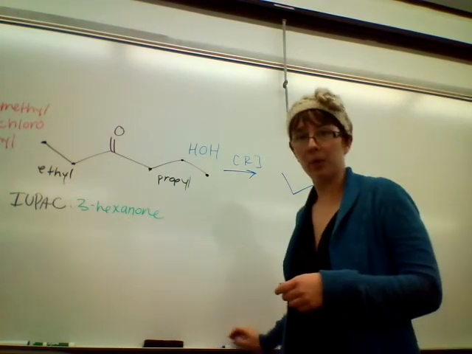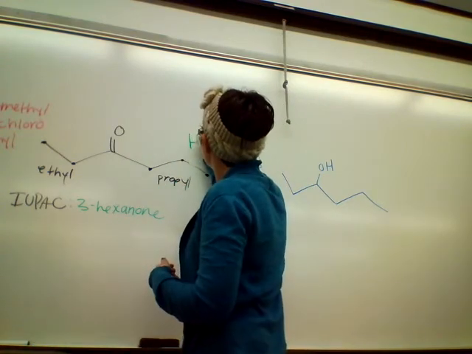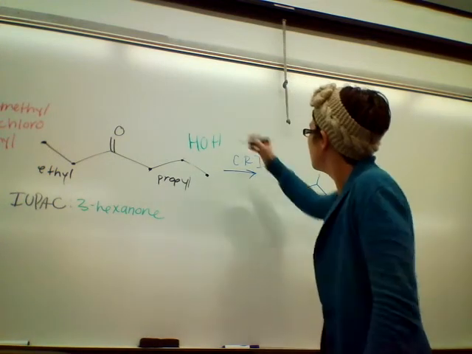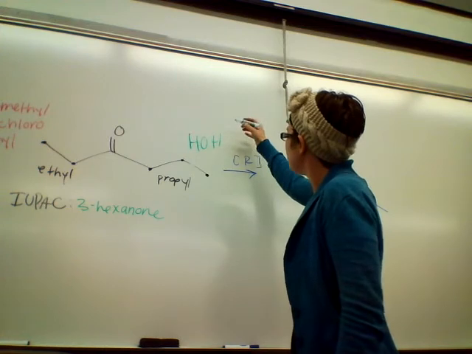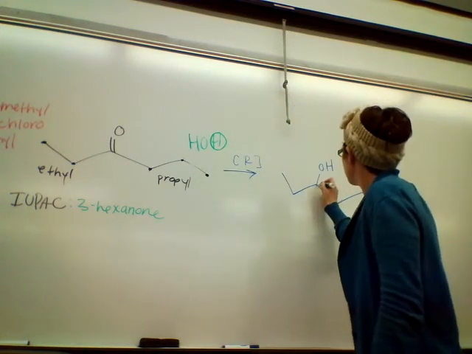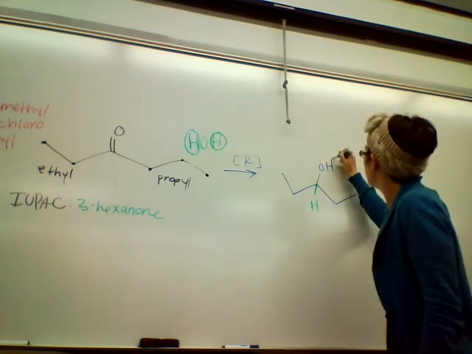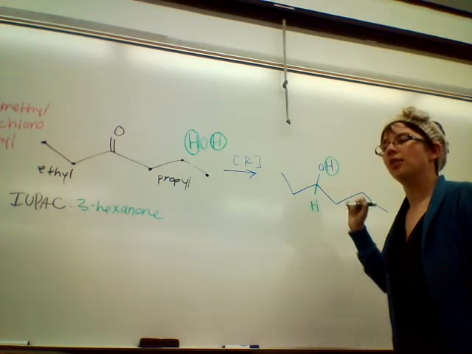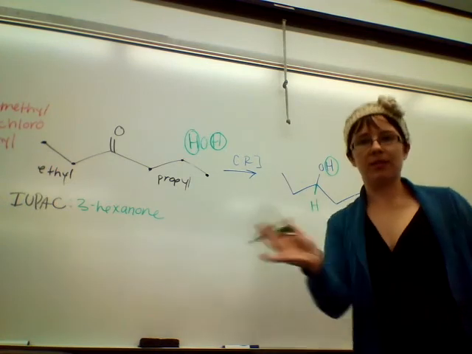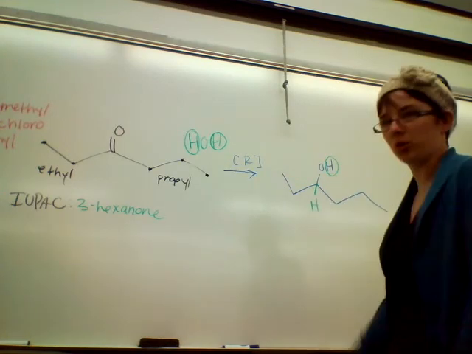And what happened was, with the HOH, one of the H's went here, and one went here. The O went somewhere else. For your purposes, don't worry about it. Just as long as you know that one H went here and one H went here, and that's where this came from.